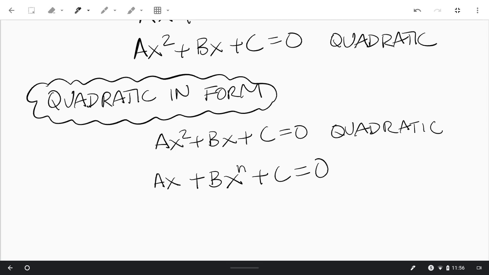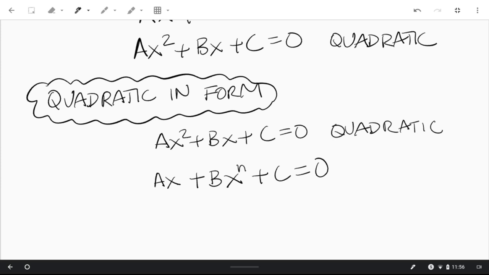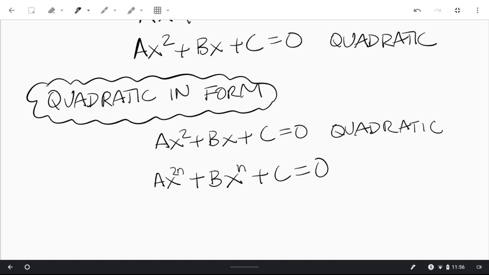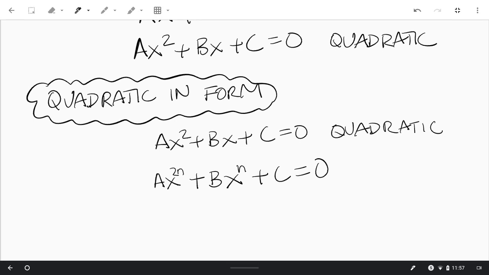Could be 3, it could be 5. And then over here, the ax, the x over here has 2n. Okay, so if x in the middle has an exponent of 5, then the first x has to have 10. Okay, you'll see.